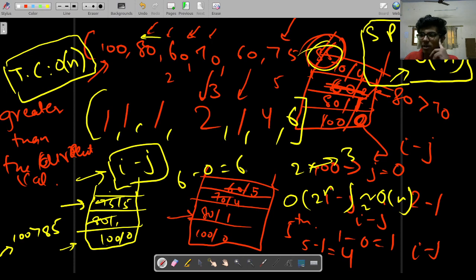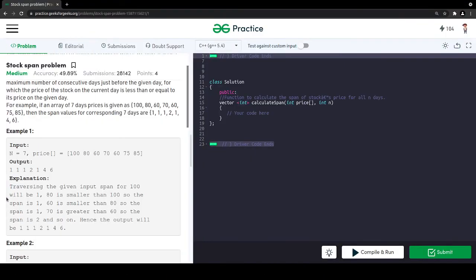So now I am going to write the code for this. So let me write the code. Change my screen. So I think my screen is visible to you. Okay, so I am keeping the stack. I am also keeping the vector final.